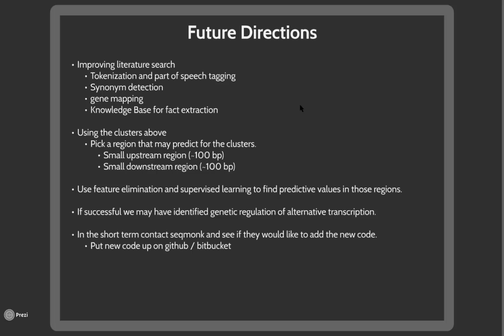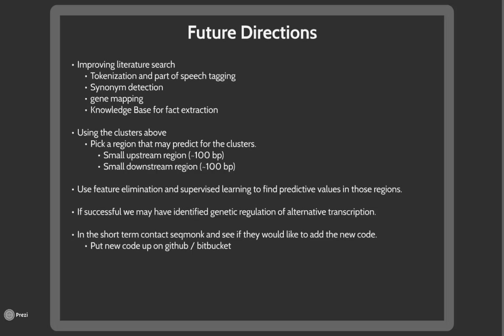We can also do synonym detection for combining terms, and really importantly, we should use Ensembl mapping or Entrez mapping, which gives us the PubMed IDs for every single gene, which is a much better method than what I used, of just doing searches for the gene names as they're written in the HG19 reference.